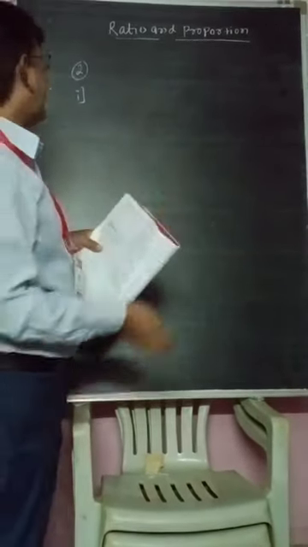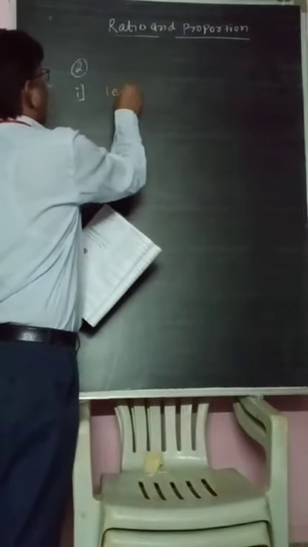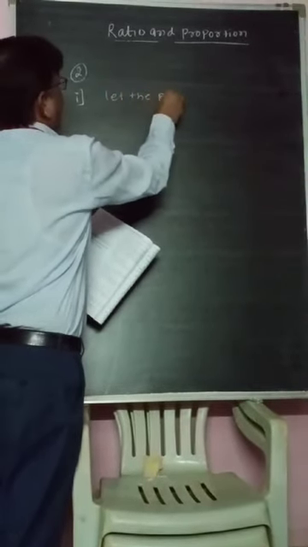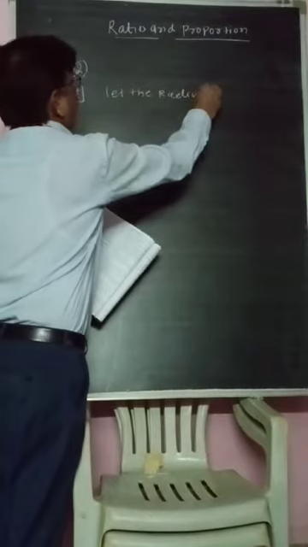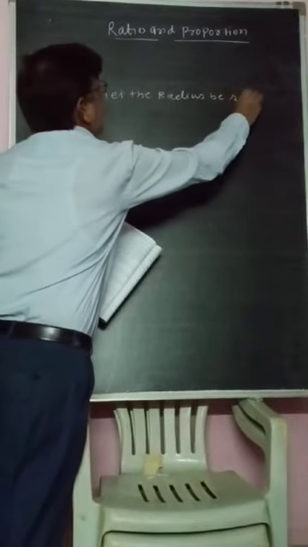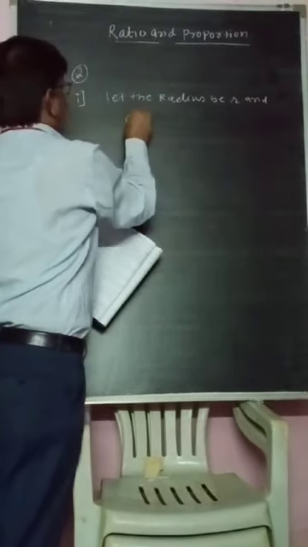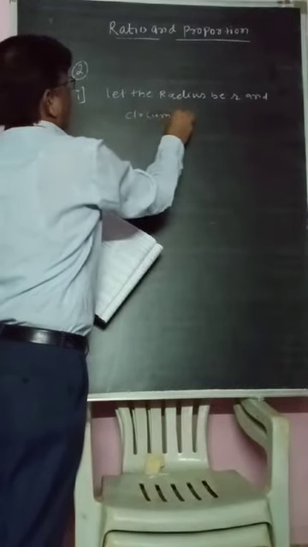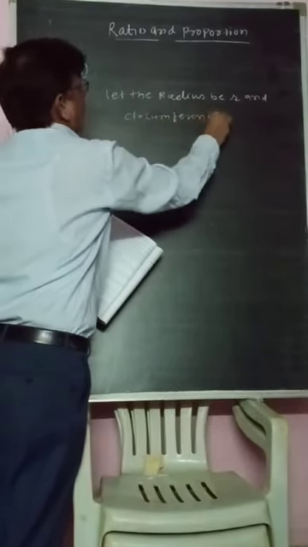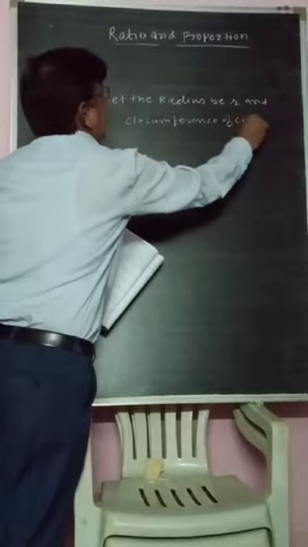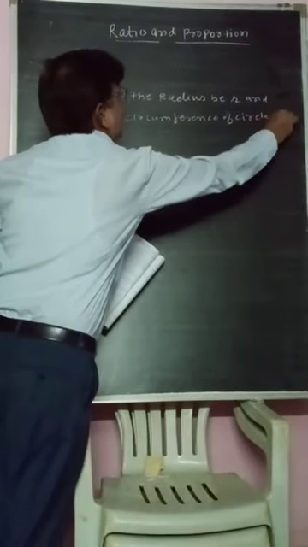Ratio of the radius, let the radius be r, and circumference of circle be c.